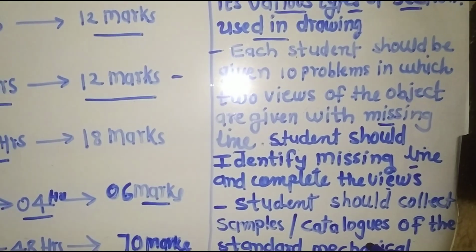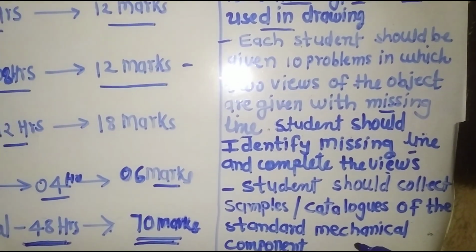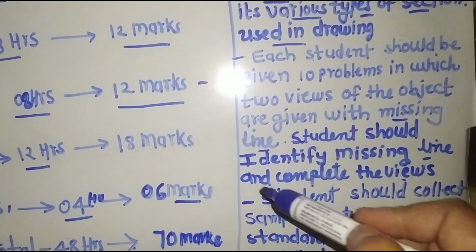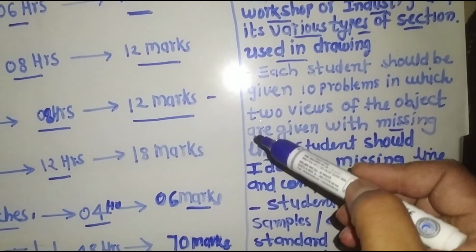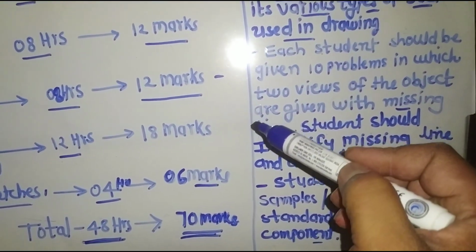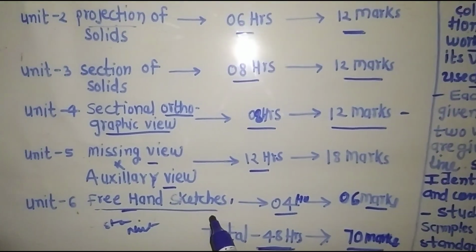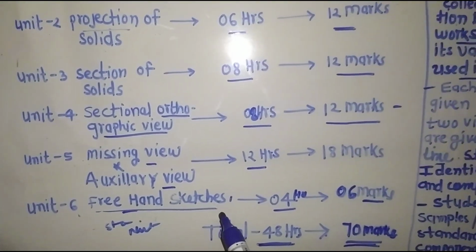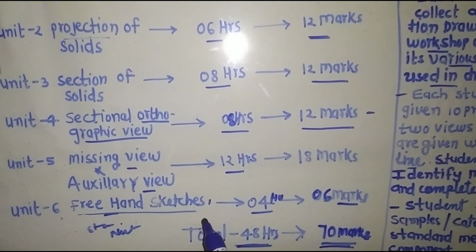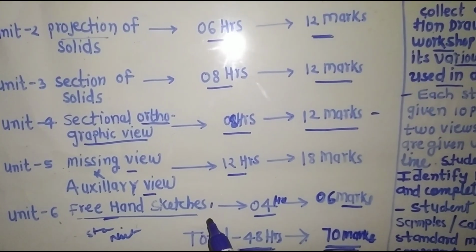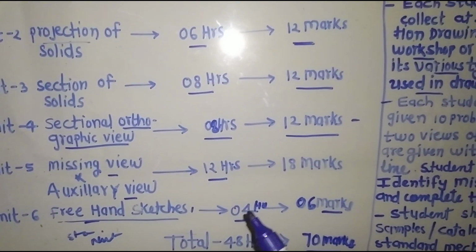Students should collect the samples and catalogs of the standard mechanical components. The mechanical components we have just revised in the freehand sketches are nuts, bolts, rivets, keys, couplings and foundation bolts.